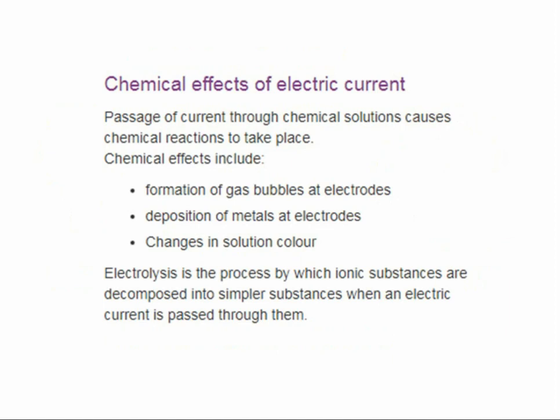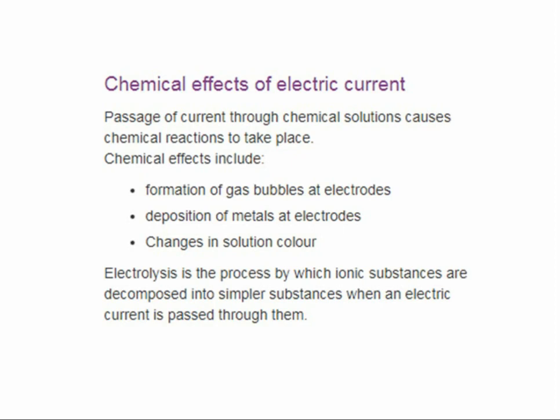The chemical effect of electric current: passage of current through a chemical solution causes a chemical reaction to take place. The chemical effects include formation of gas bubbles at electrodes, deposition of metals at electrodes, and changes in the solution color. Now, what is electrolysis?